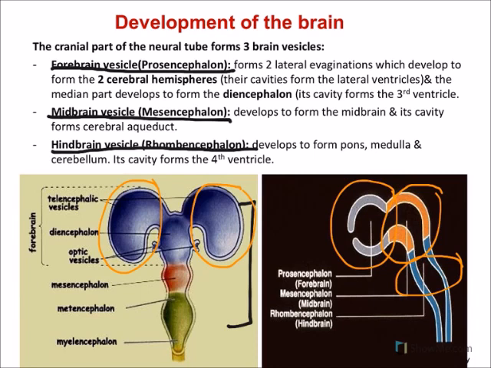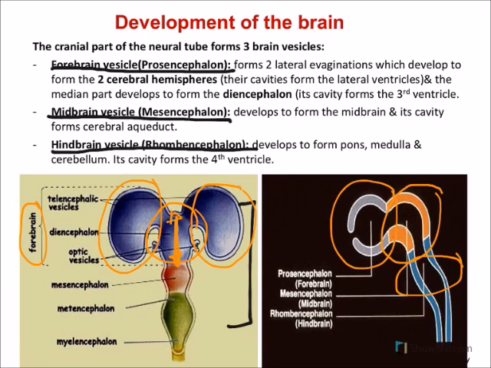These will develop into the cerebral hemispheres, and there is a median vesicle, which is called the diencephalic vesicle, which also develops from the forebrain. This vesicle will develop into the diencephalon, and it will be kept between the two telencephalic vesicles to form the diencephalon and the cavity of the third ventricle, which lies between the two thalami, or the two parts of the diencephalon.